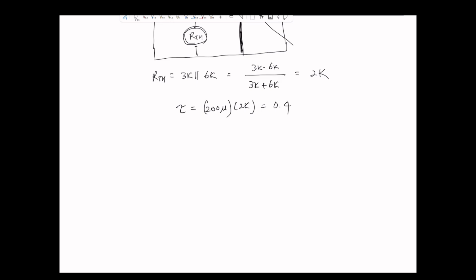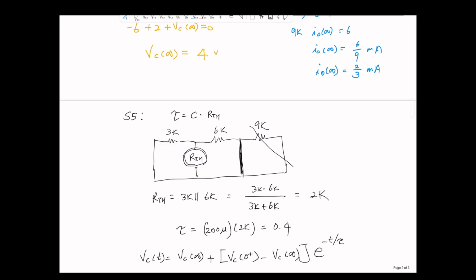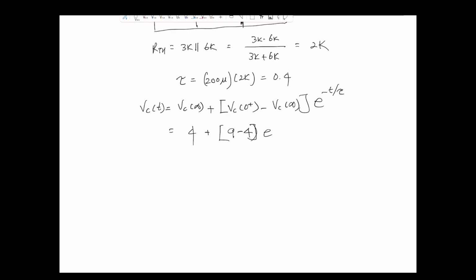Now we are ready to write the equation. V sub C of t equals V sub C of infinity plus [V sub C 0 plus minus V sub C infinity] e to the negative t over tau. We have V of C infinity 4 plus [9 minus 4] e to the negative t over 0.4. Vc of t is 4 plus 5 e to the negative t over 0.4.